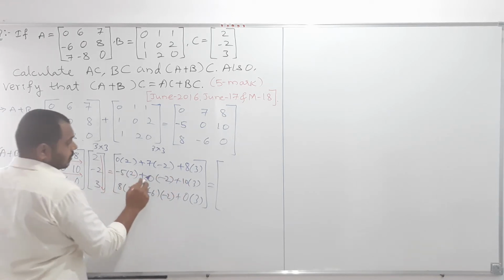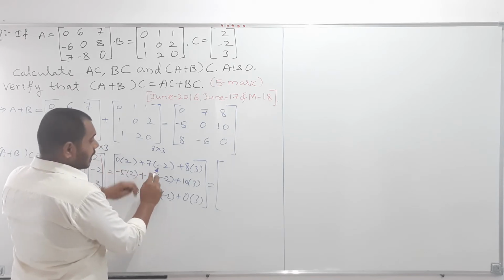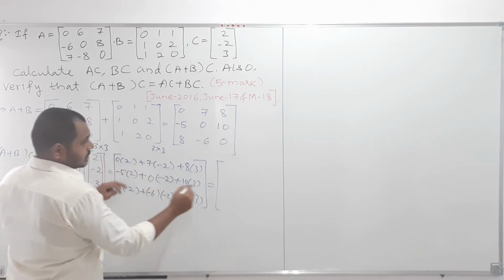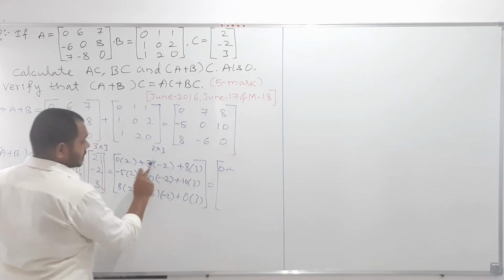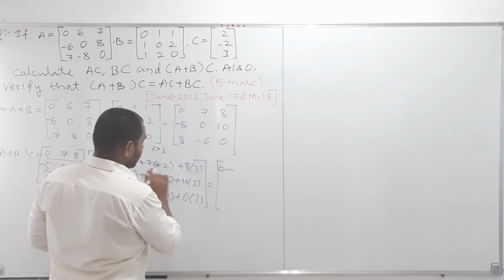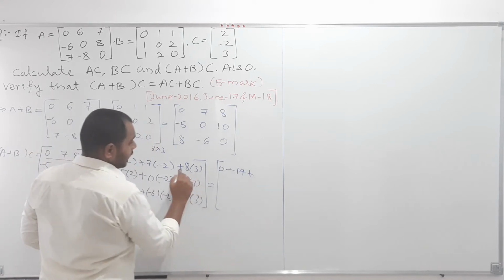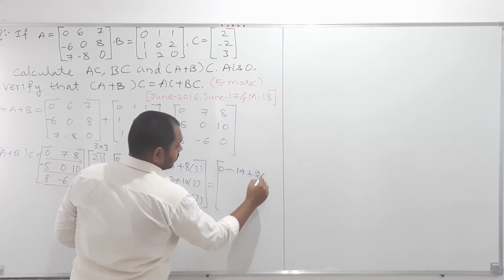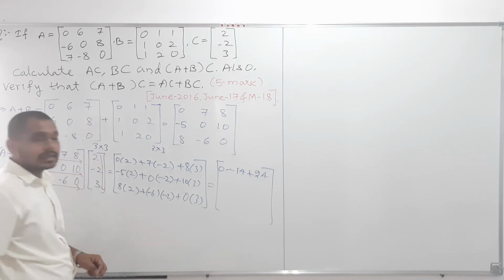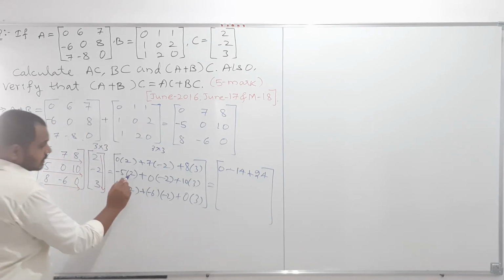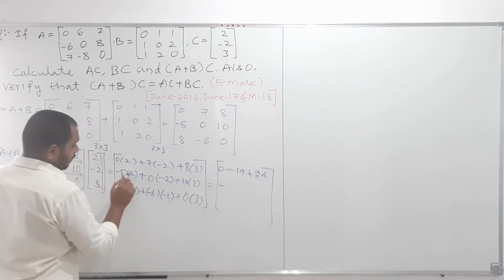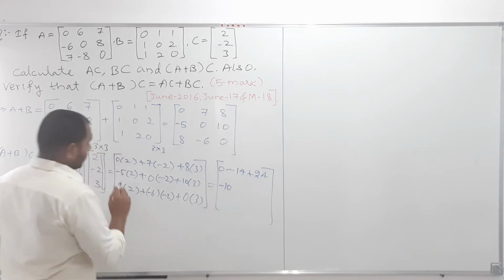0 into 2 is 0. Plus minus minus, 7 2s are 14. Plus 8 3s are 24. Clear? Next, minus 5 into 2, plus minus minus, 5 2s are 10.